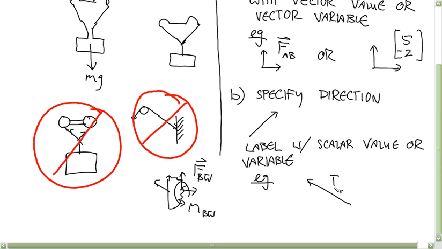You only need to specify a single scalar value, okay? So any questions about that one? Does that make sense? So don't label arrows with variables with vector symbols, okay? Because that's sort of redundant.